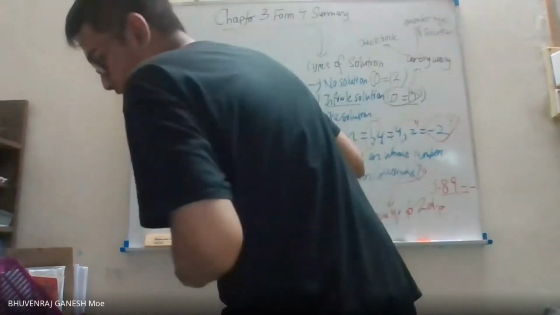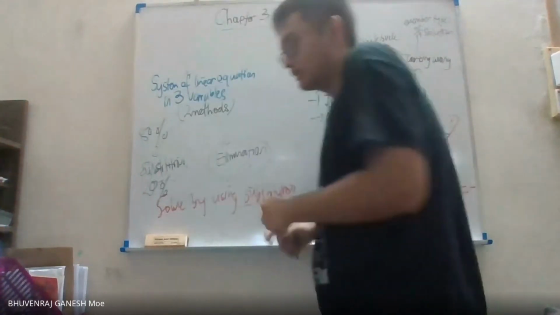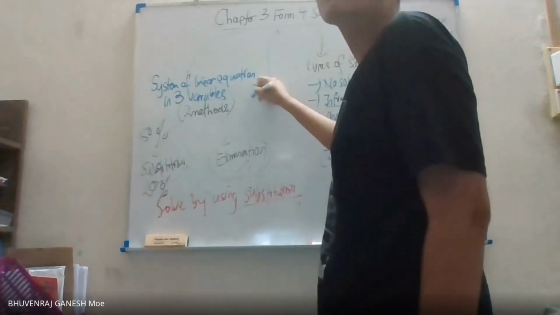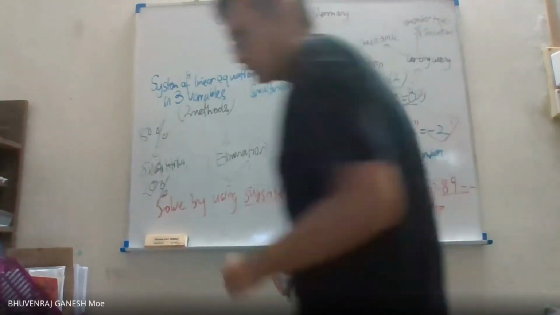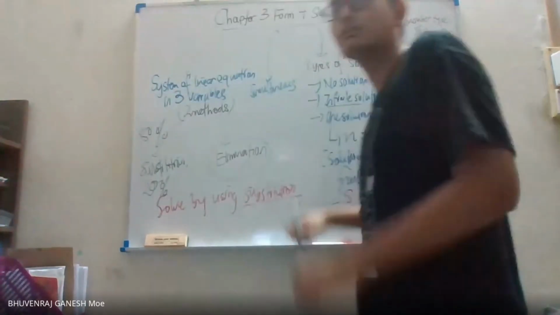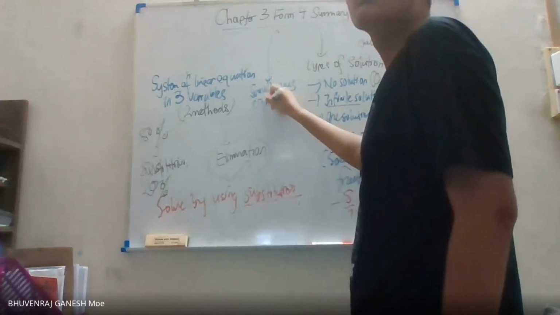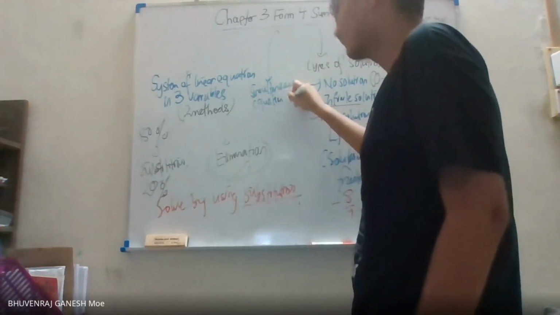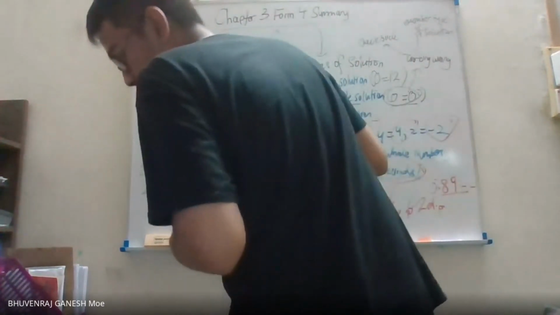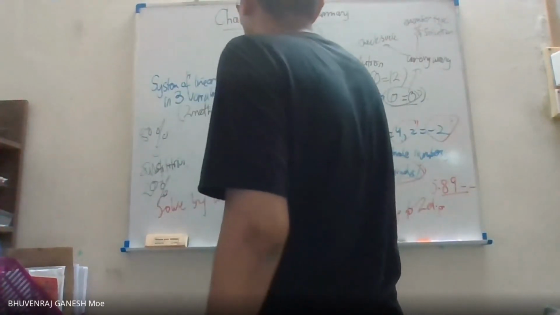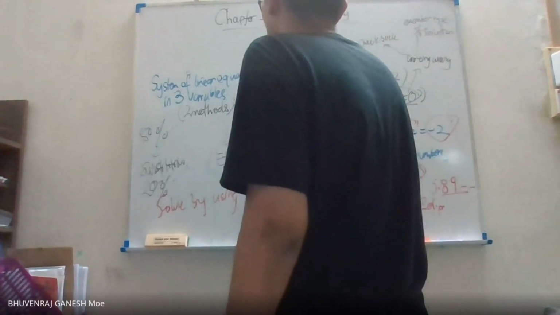And then the next subtopic is simultaneous equations involving one linear equation. For a linear equation, what you need to know is that x must be to the power of 1.